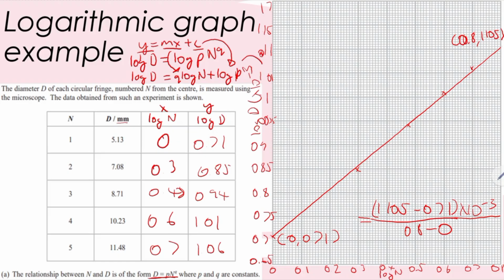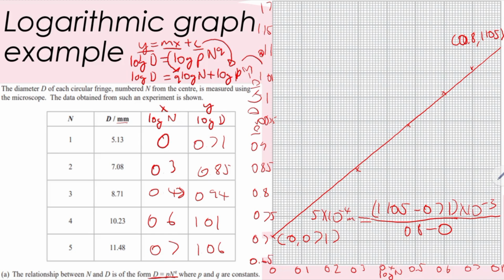And when we do that we will get 5 times 10 to the power of minus 4 meters.